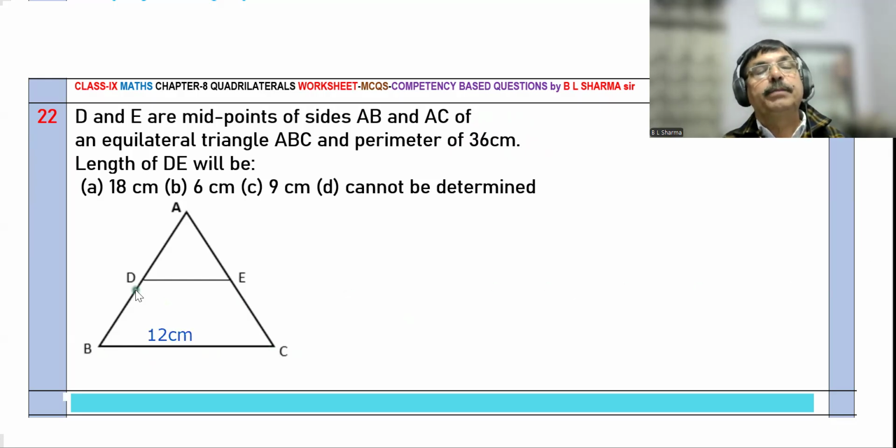We also know by the midpoint theorem that the line segment joining the midpoints of two sides of a triangle is parallel to and half of the third side. So DE will be half of BC. If BC is 12 centimeters, DE will be 6 centimeters. So B is the correct option.